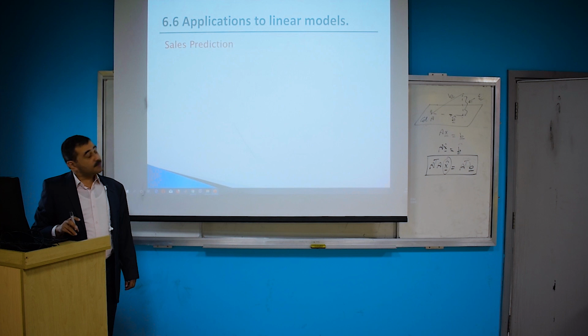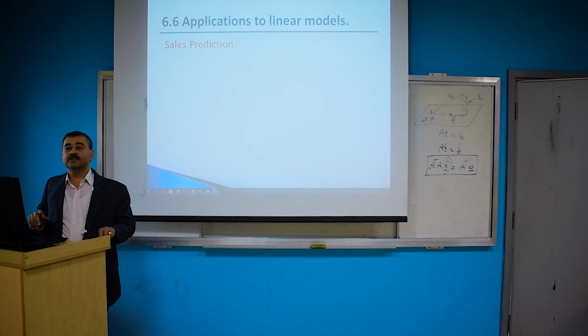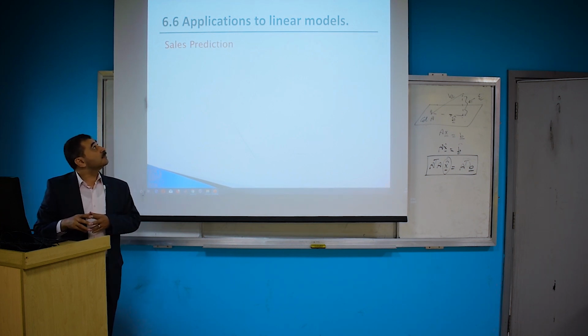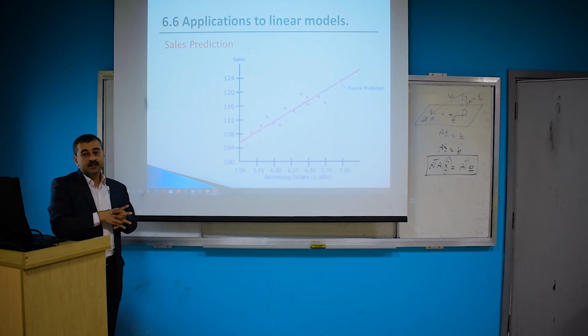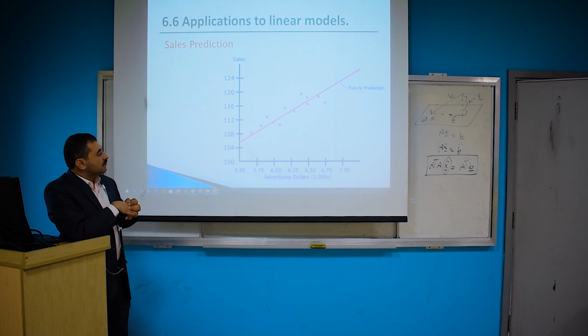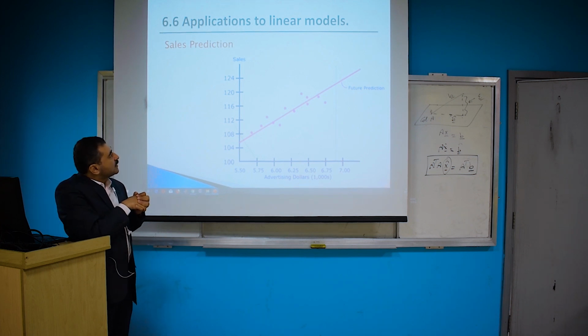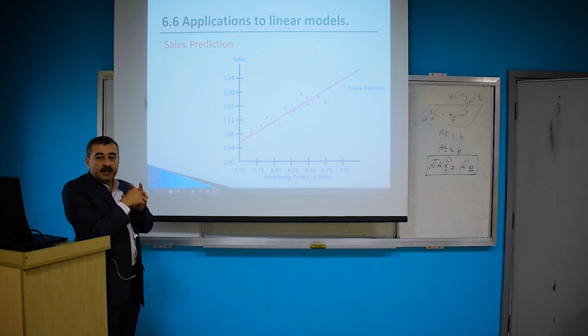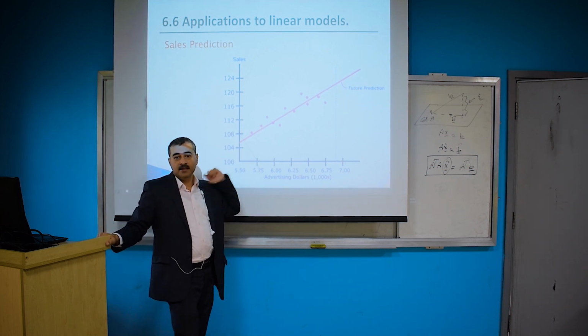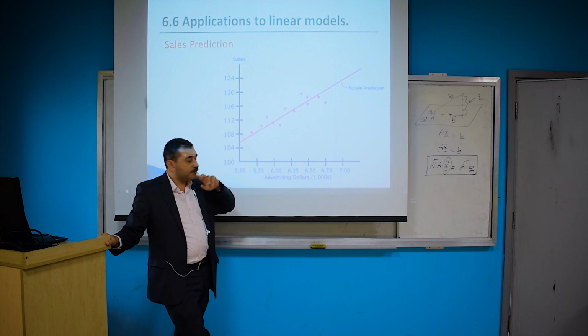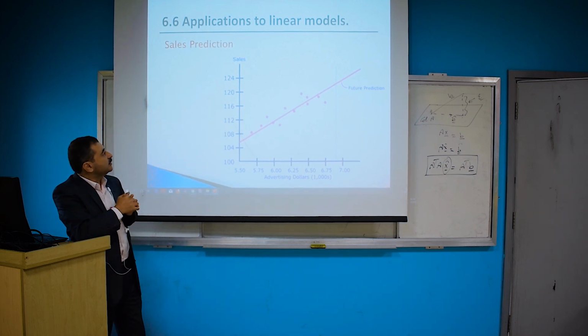Let's apply this for some applications. Let me introduce some application here. If you have, for example, sales prediction, you have some sales according to the advertising you make for certain product, and as you increase the advertising dollars you pay for your product, you actually get more sales.